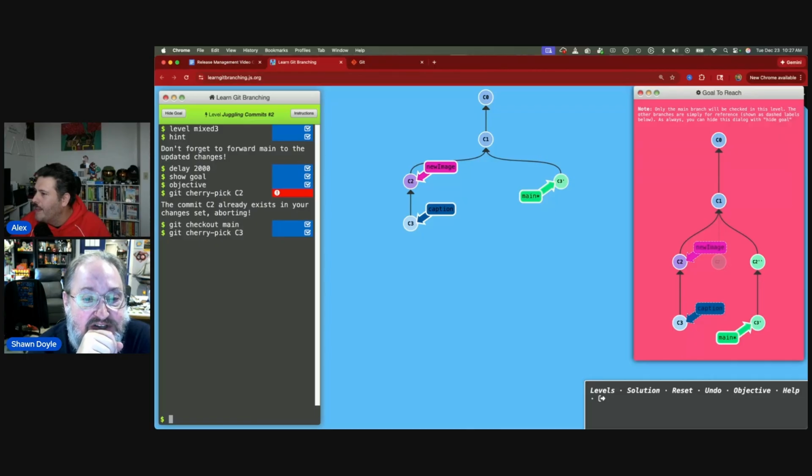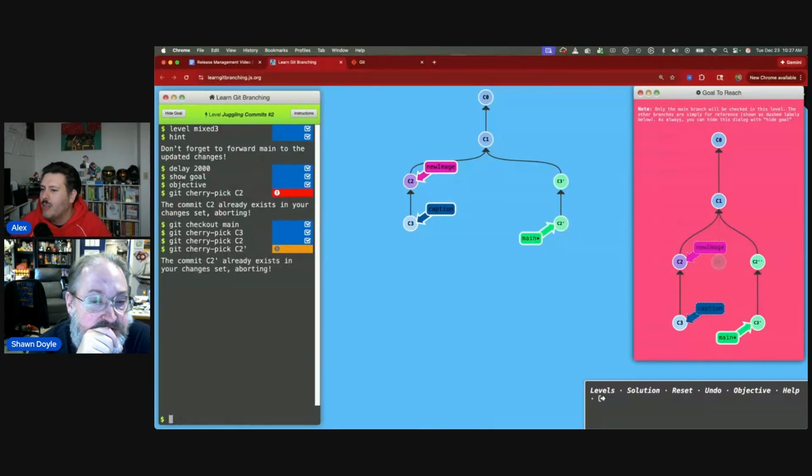So now we want C2. So do I do it again, but with C2? Yeah. I think you probably could have done it with one command, but so now we got... But C2 is hanging here by itself. So we need C2 twice. Does this count? No.